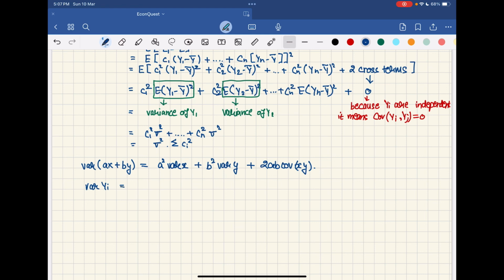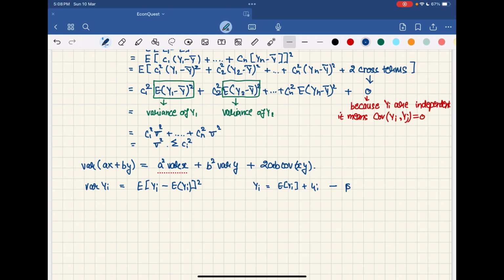Okay, so variance of yi is what? It is the expectation of yi minus expectation of yi whole square, right? So what is yi minus expectation of yi? Your yi is equal to expectation of yi, right, plus error term.